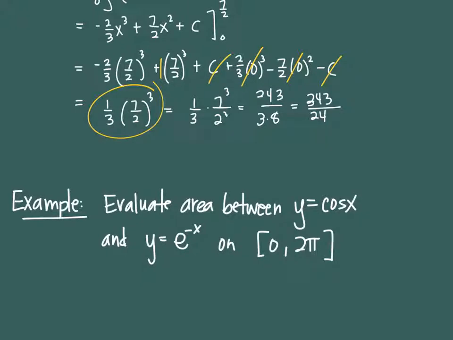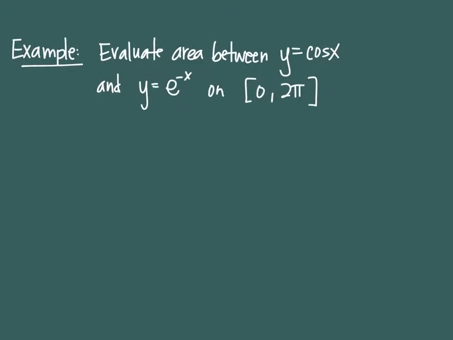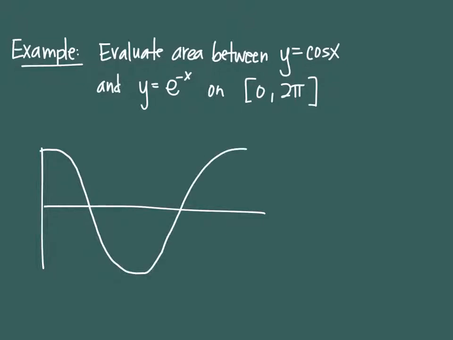Now, before you graph it on the graphing calculator, think about what you expect the graph to look like. All right, 0 to 2 pi of cosine. We should expect that cosine looks like this, with a y-intercept of 1, because that's where cosine starts.